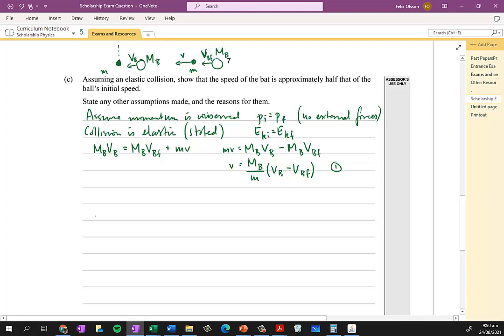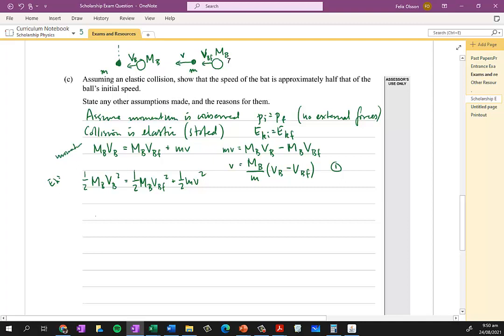Then we'll use our second condition, which is that kinetic energy is conserved. So this is momentum, this is EK: 1/2 M bat V bat squared is equal to 1/2 M bat V bat final squared plus 1/2 m v squared. Let's rearrange that for v squared, so that we don't end up with a whole lot of ugly square roots.